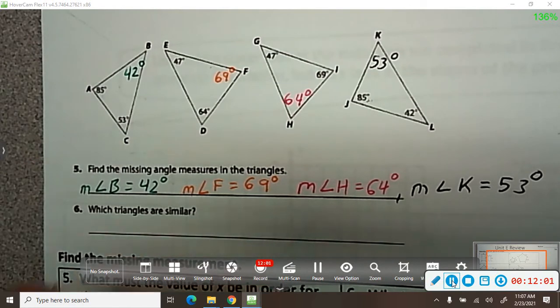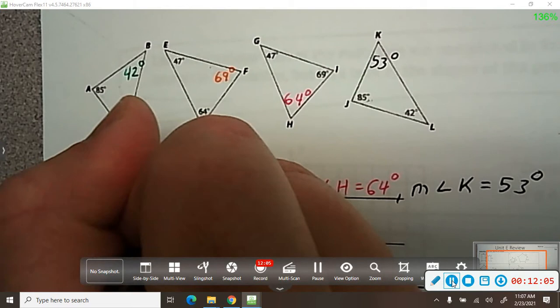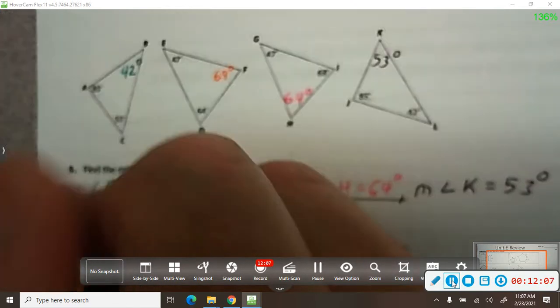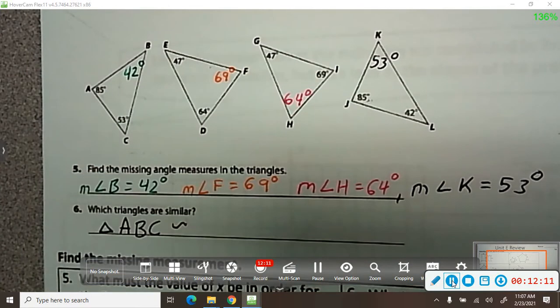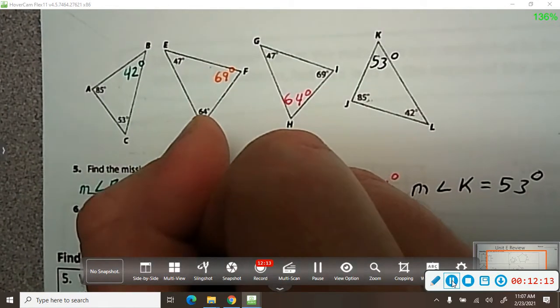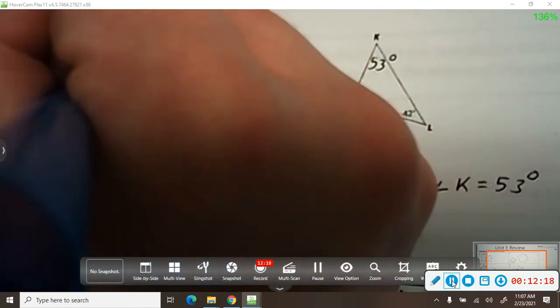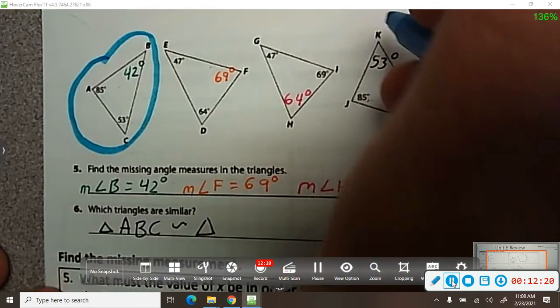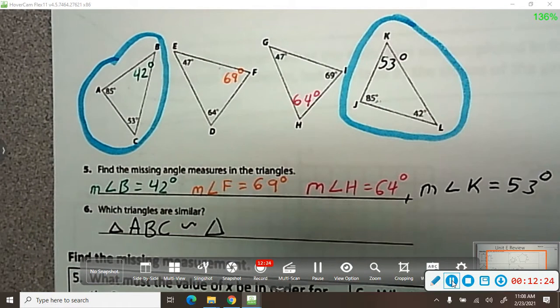So I would say triangle ABC is similar to triangle, as we just said that this triangle and this triangle are similar.